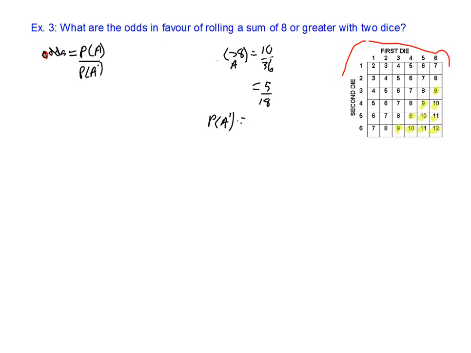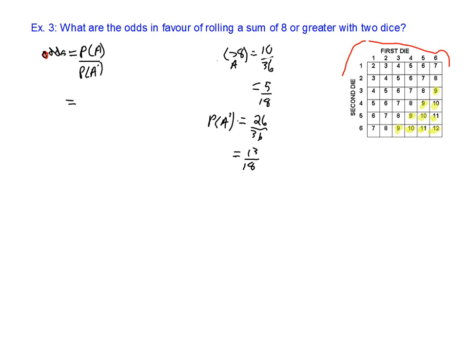So just a reminder that there were 36 possible entries, 10 of them were greater than 8, so that must mean that 26 are not. That's 26 out of 36, and we should be able to divide the top and the bottom by 2, giving us a total of 13/18.